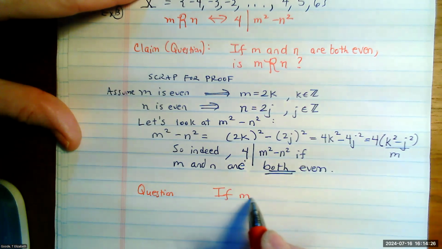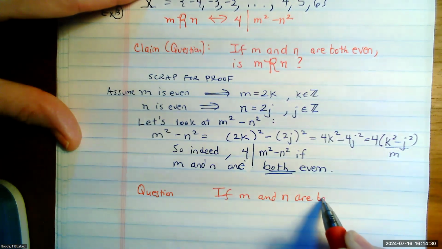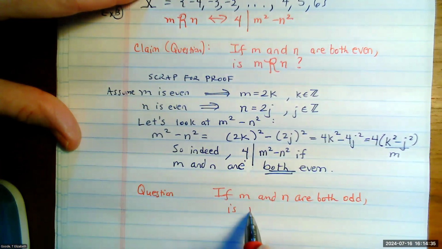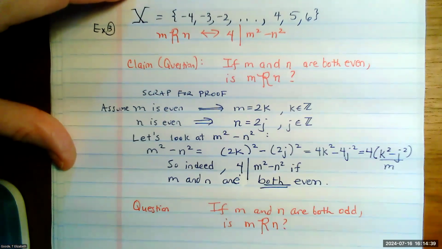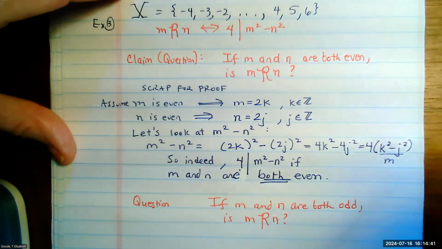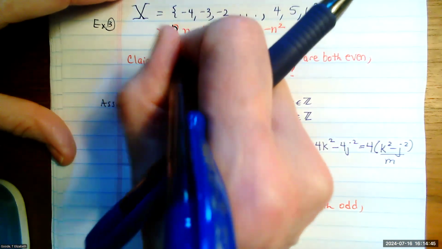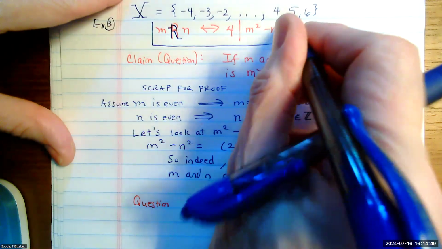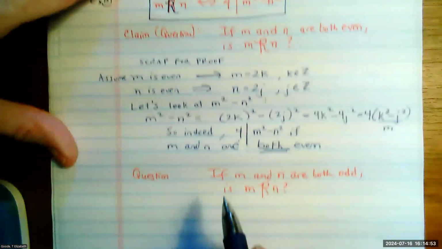If M and N are both odd, is M going to be related to N? We can try using this definition of curly R and see if we can get 4 to divide the difference, M squared minus N squared.